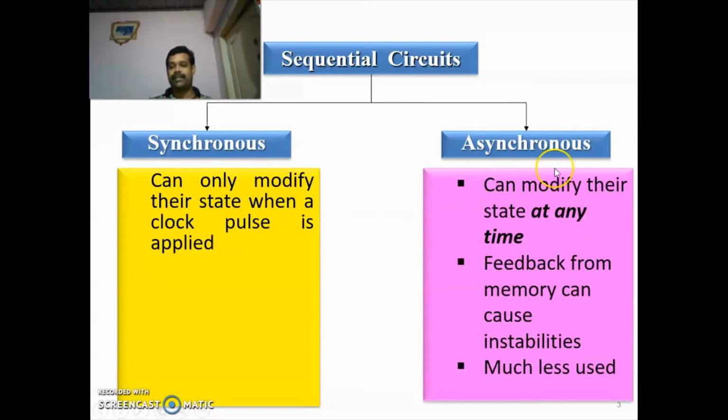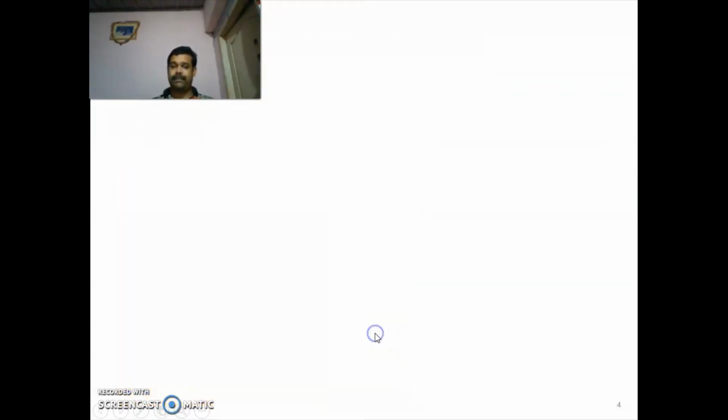But in the case of asynchronous sequential circuit, it can modify its state at any time. In asynchronous sequential circuit, feedback from memory can cause instability. So asynchronous sequential circuit is unstable and it is much less used.